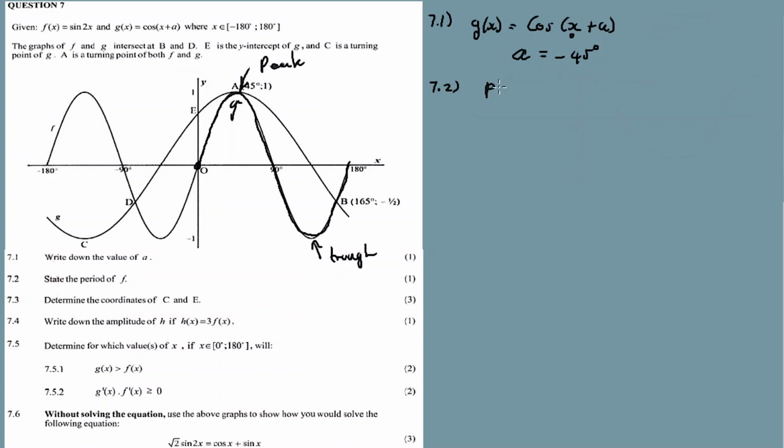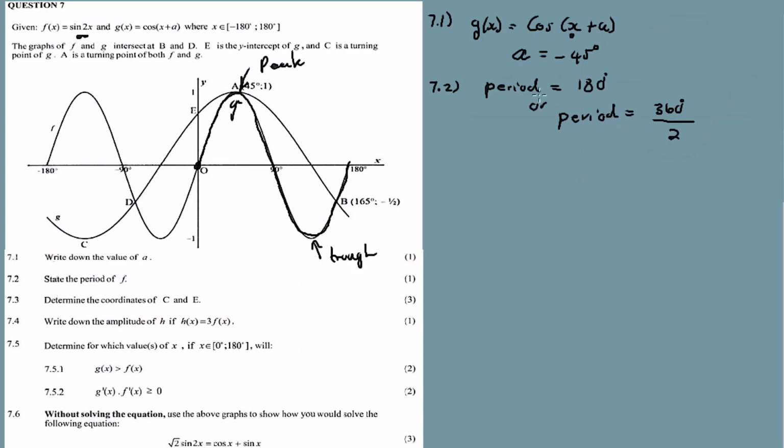So the period for f is equal to 180 degrees, or you can calculate it. The period is equal to 360 degrees, which is the period for the parent functions sine and cos. But since we are talking about sine here, it's 360 degrees divided by the coefficient of x, which is 2.